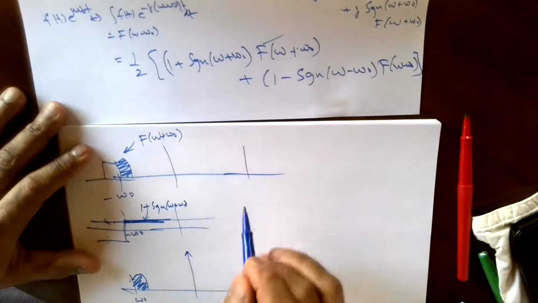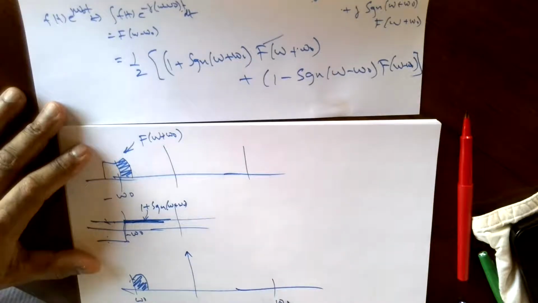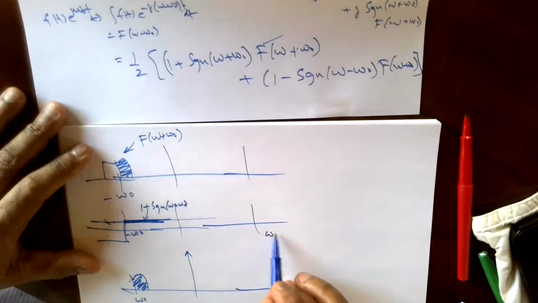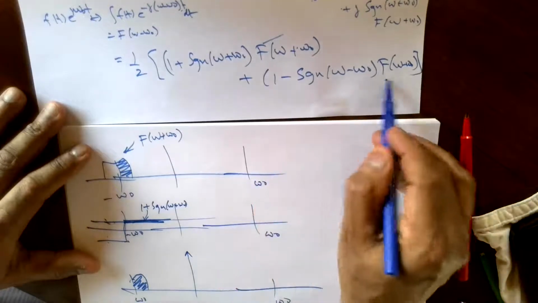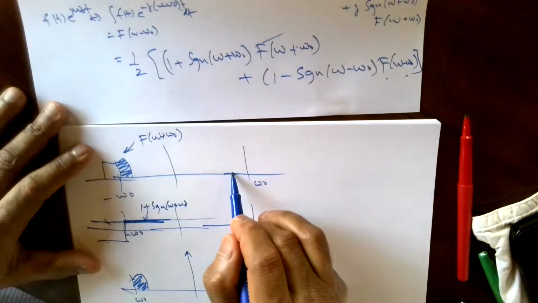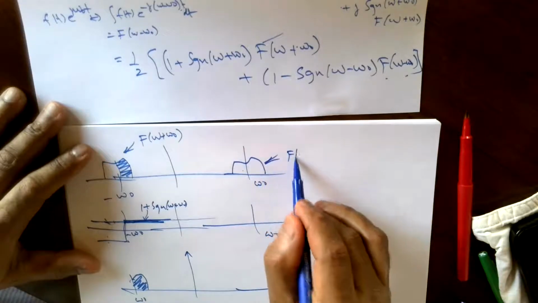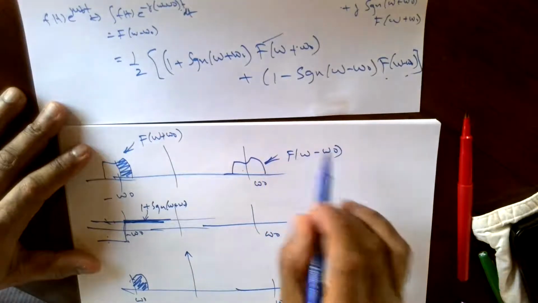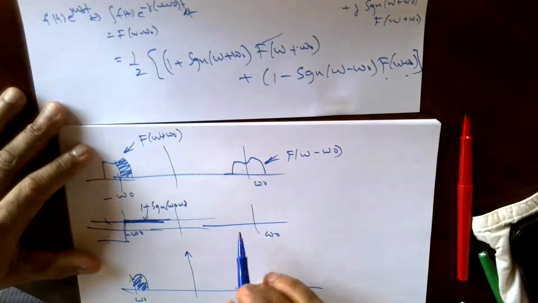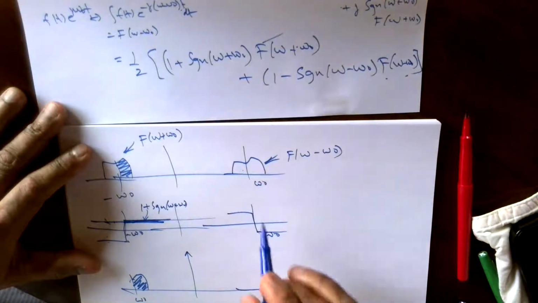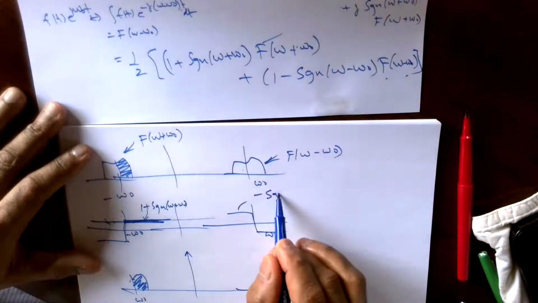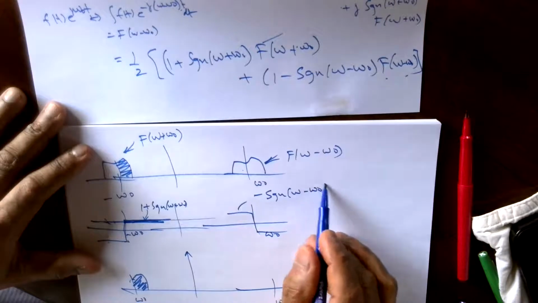And now if you bring in the other side omega 0, so you have f(omega minus omega 0). So that's like this. Then 1 minus sine. So minus sine would be like this. This is minus sine (omega minus omega 0).